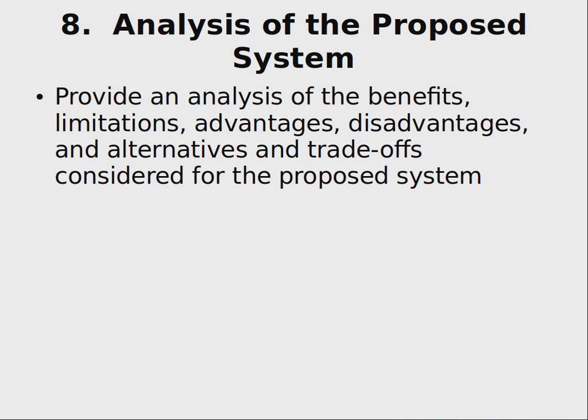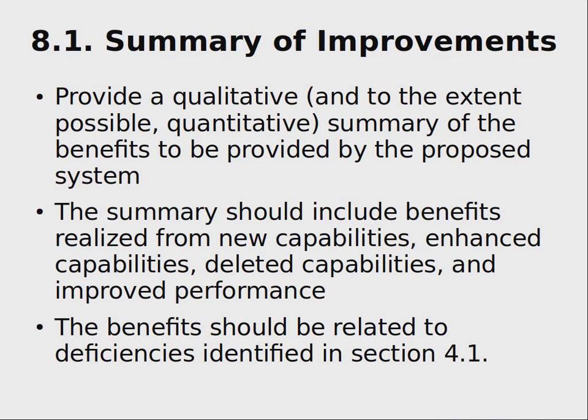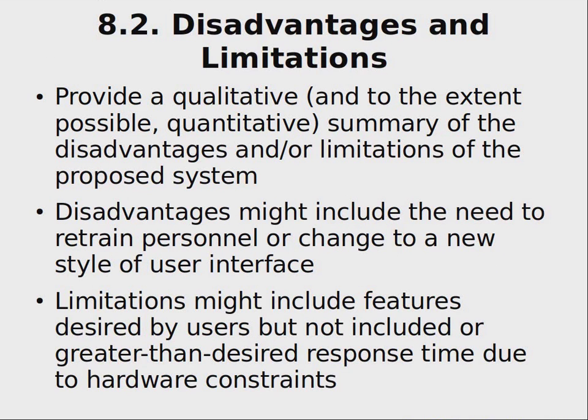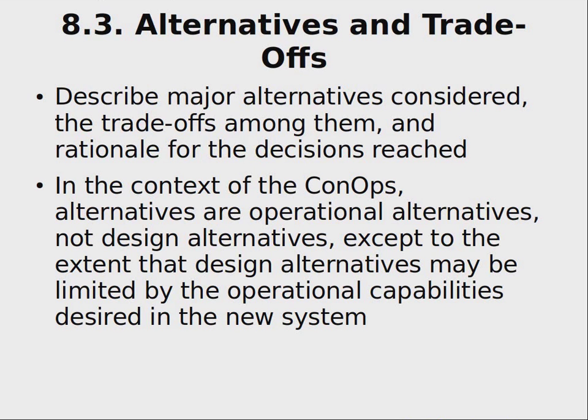So that's about this analysis of the proposed system. You provide some summary about these improvements. You describe disadvantages and limitations. Here you should be honest. What are the disadvantages and limitations of the new situation? What are different alternatives and trade-offs?